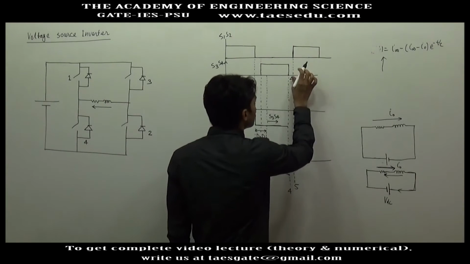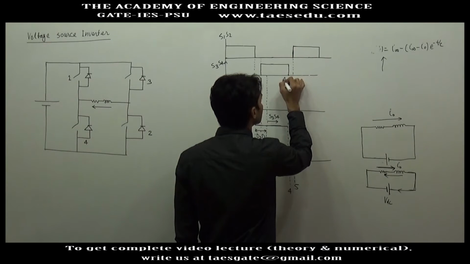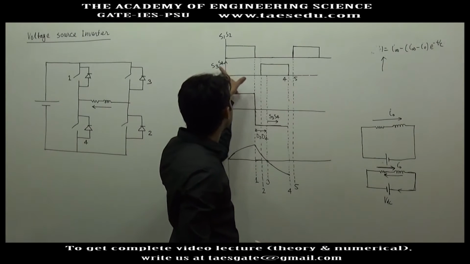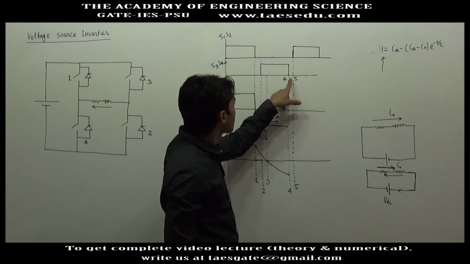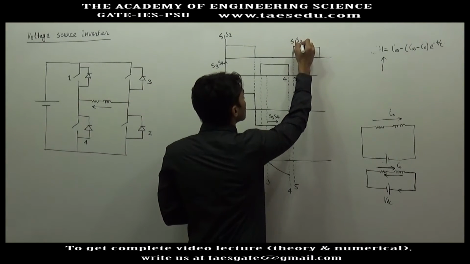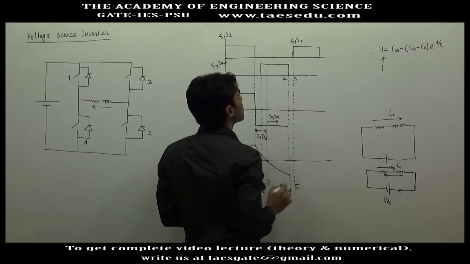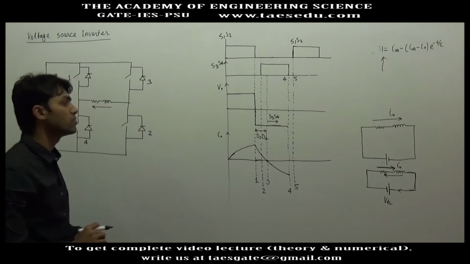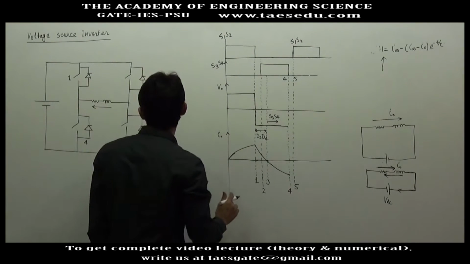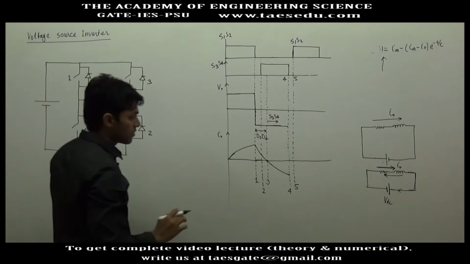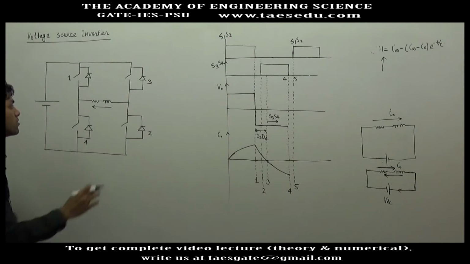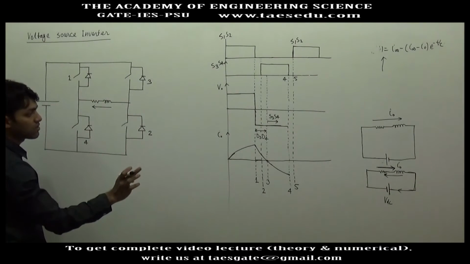So what will happen between instant 4 to 5? After 4, S3, S4 was disconnected, and S1, S2 are given signal at instant 5. So between 4 to 5, none of the main switches are conducting. But at instant 4, inductor has some amount of current which is flowing from right to left.